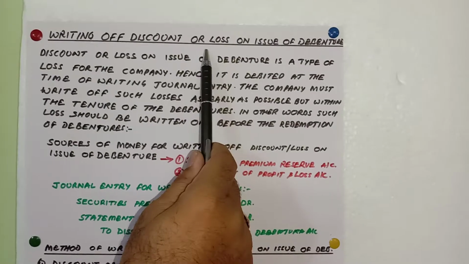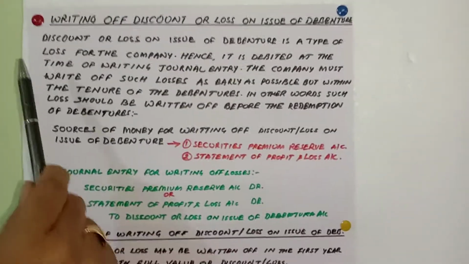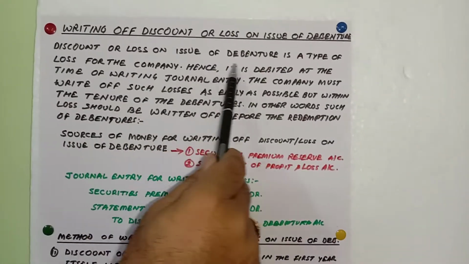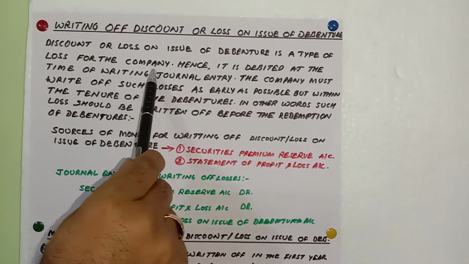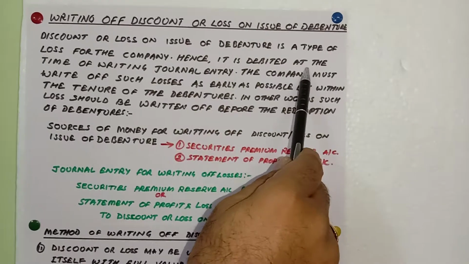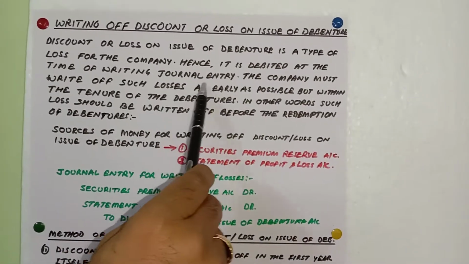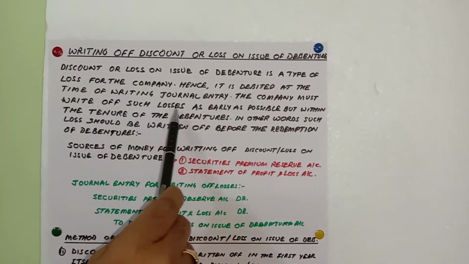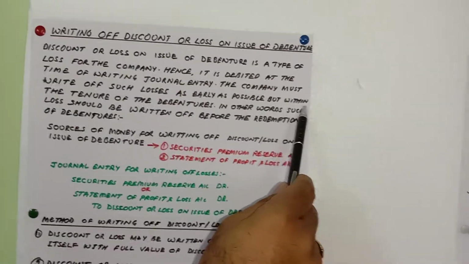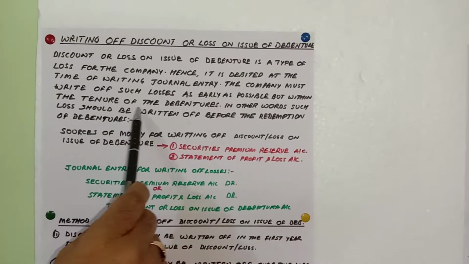Writing off discount or loss on issue of debenture. Discount or loss on issue of debenture is a type of loss for the company, hence it should be debited at the time of writing the journal entry. The company must write off such losses as early as possible within the tenure of the debenture.